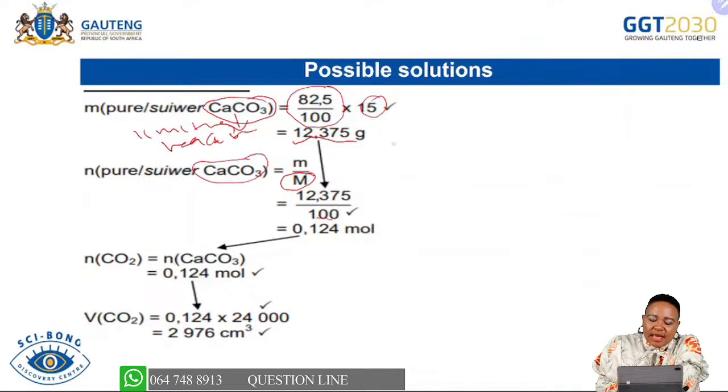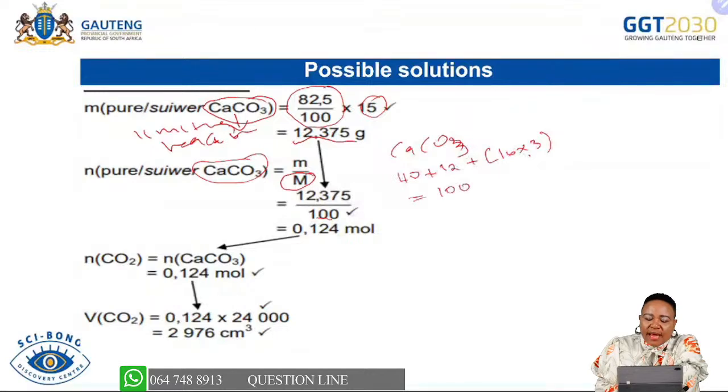Remember, CaCO3, our formula mass, is calcium, which is 40 on the periodic table, plus 12 for carbon, plus 16 times 3 for oxygen. So the total molar mass is going to be 100. We divide by the molar mass of calcium carbonate, which is 100, and we get the number of moles of calcium carbonate, which is 0.124 moles.